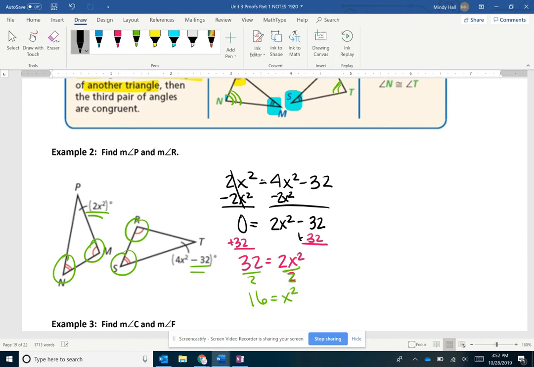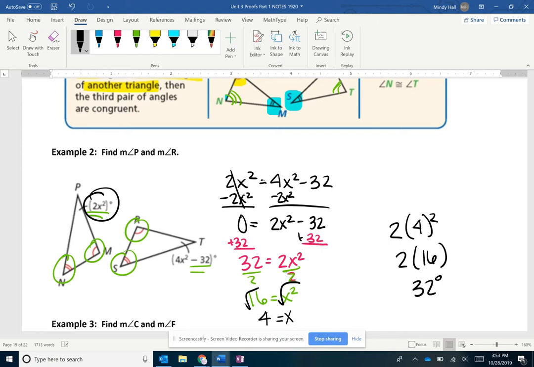To cancel out that x squared, we take the square root, which gives us x equals 4. If we know that x equals 4, we can plug it back into one of the originals. 2 times 4 squared gives us 2 times 16, which is 32 degrees. Yay!